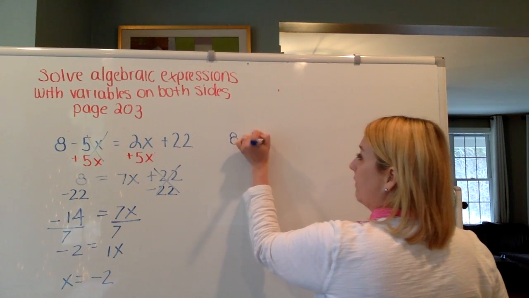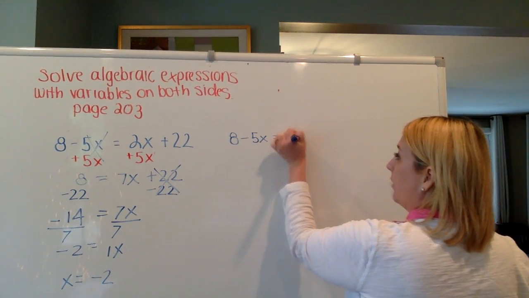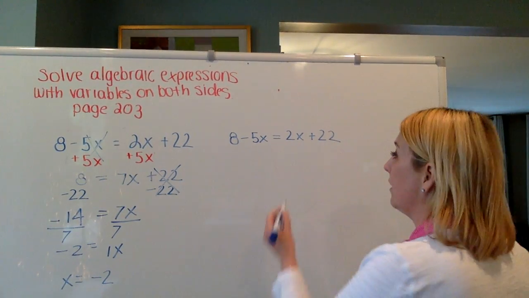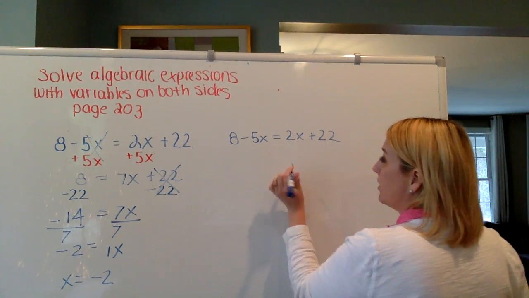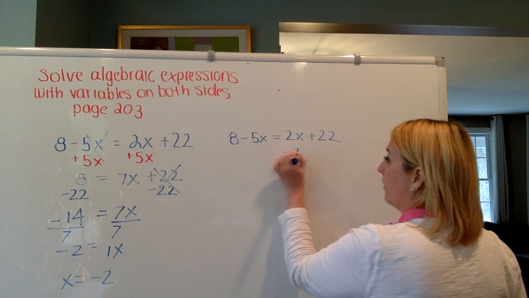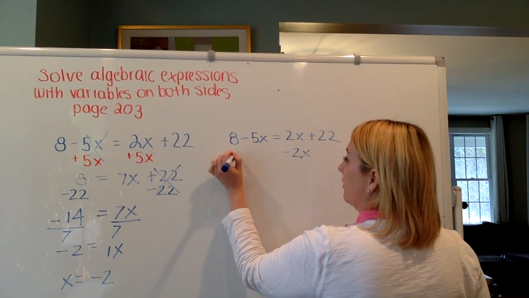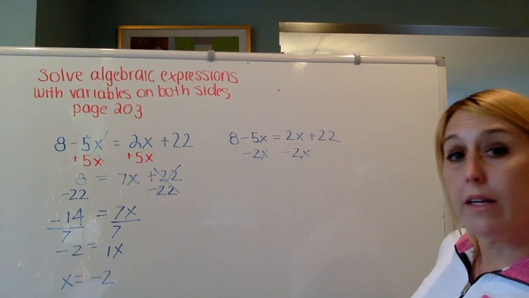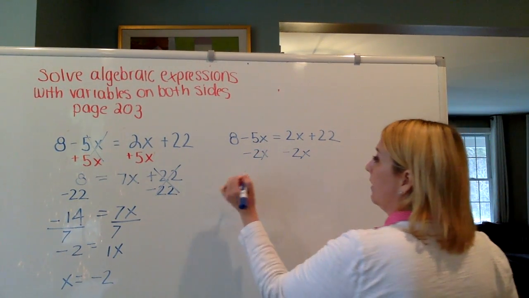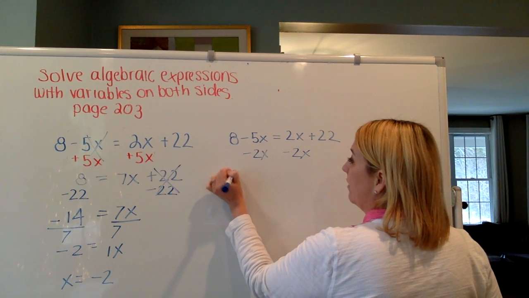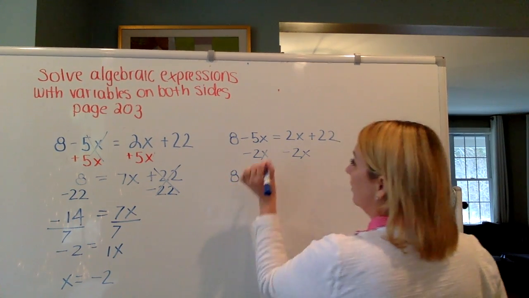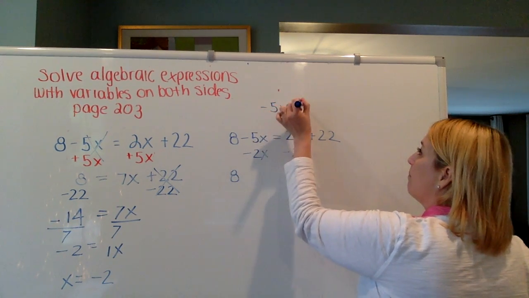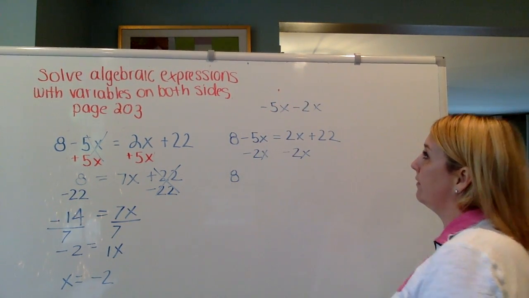So then let me show you why this was easier. 8 minus 5x equals 2x plus 22. Why I say to move the one with the smaller coefficient is, let's just say you want to move your 2x over. So now I've got a minus 2x. Now, many of you would say, all right, well, negative 5x minus 2x.